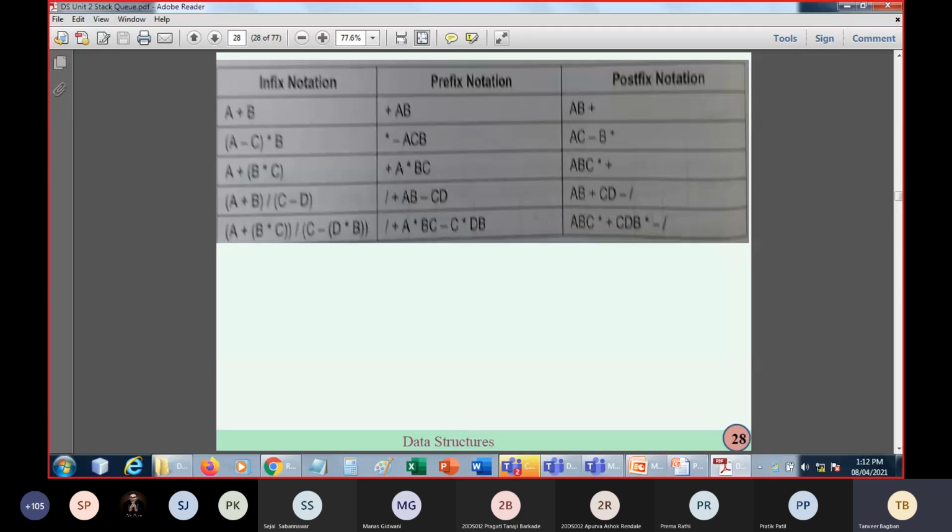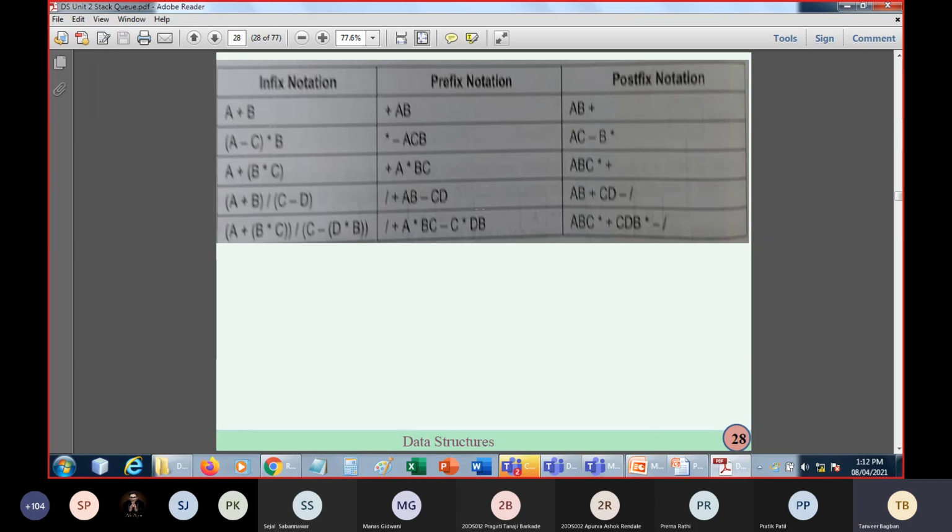Whichever operator has the highest priority, that is taken out. And if there is no operator, then the parenthesis has the highest priority. If there are parentheses, then parentheses are solved first, meaning parentheses have the highest priority. If there is no parenthesis, then operator priority is considered, and accordingly the prefix and postfix is converted.